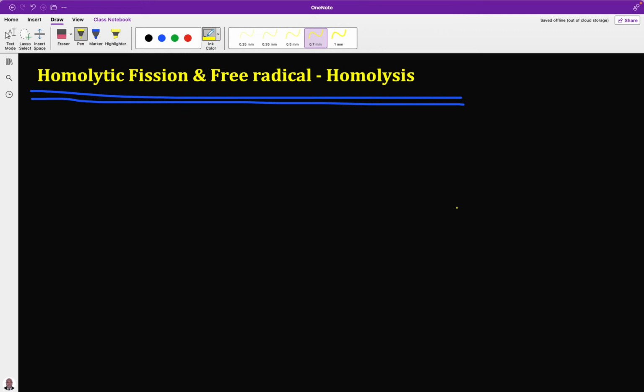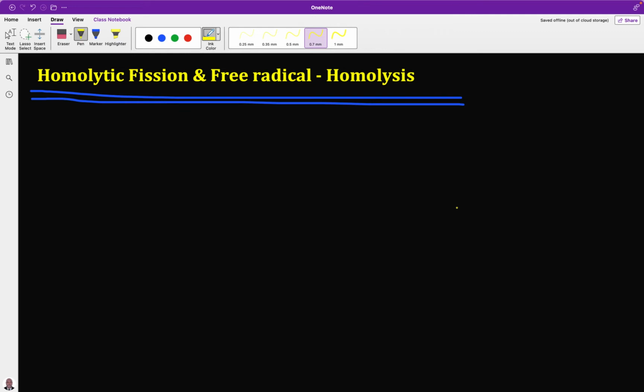In most cases, the energy required for the breaking of this bond comes from UV light. An example of this, we want to still use HCl as an example. The products that result from this even breaking of the covalent bond are what we call free radicals.